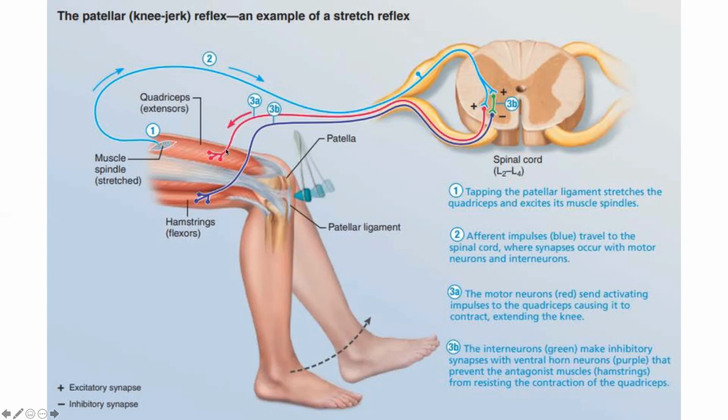That motor neuron will act on the effector organ, which is the quadriceps muscle, causing contraction of the quadriceps muscle.